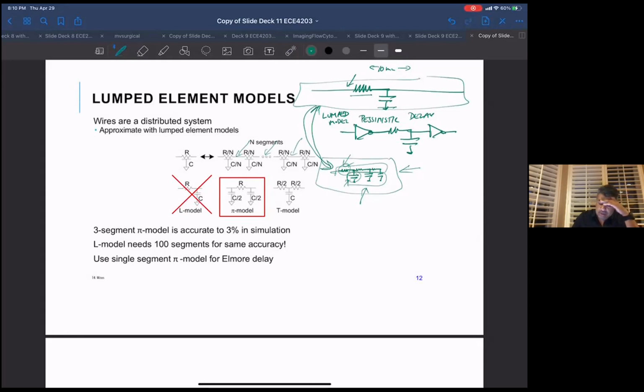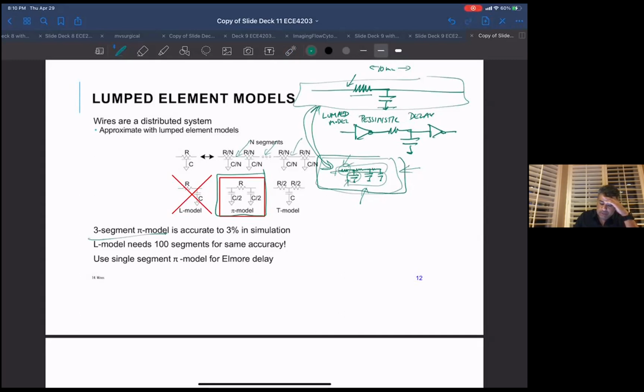Now, it turns out that this so-called pi model gives you a very good estimate of the fully extended, distributed system model. And in fact, a 3-segment pi model gives you a very accurate estimate.